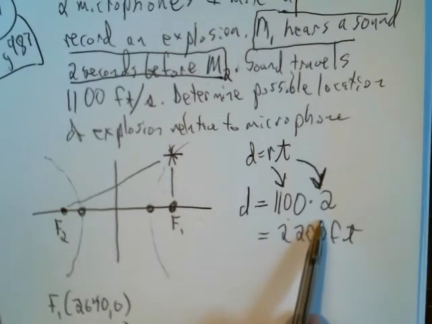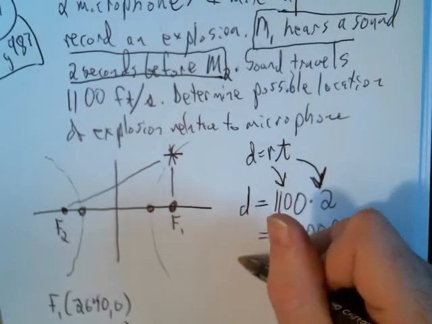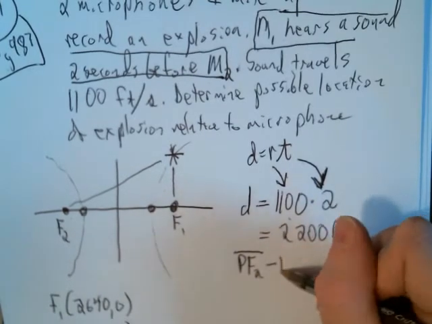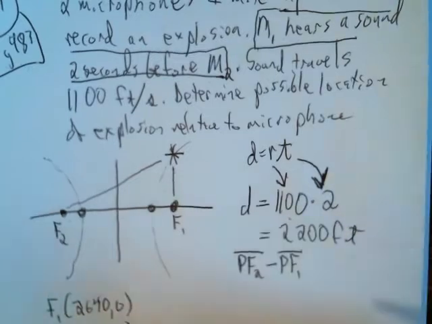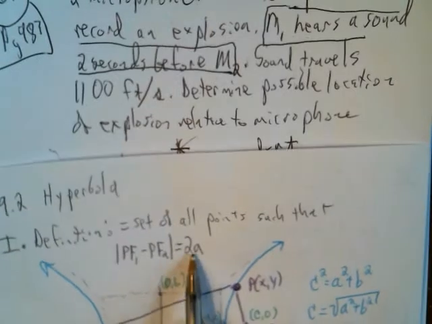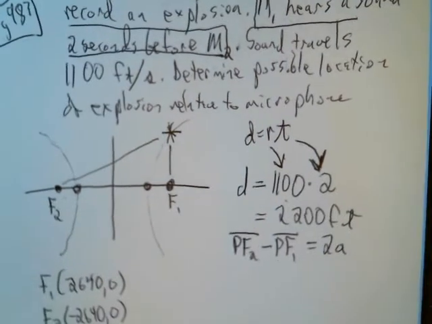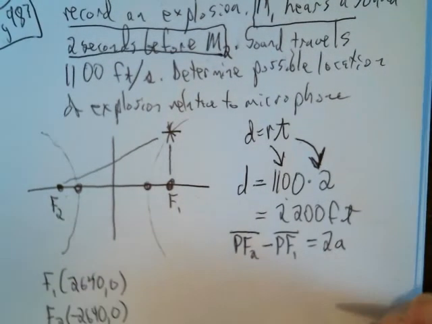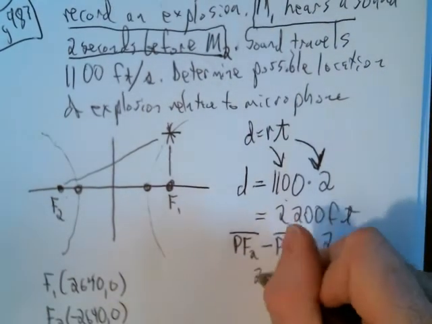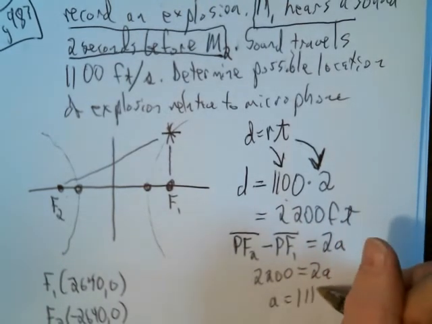So if you multiply that together, you get 2200, and that's also equivalent to the difference between the distance from the explosion to F2 and to F1, which we know from our beginning work is equal to 2a. So now we can say that 2200 is equal to 2a, and therefore a must be equal to 1100.